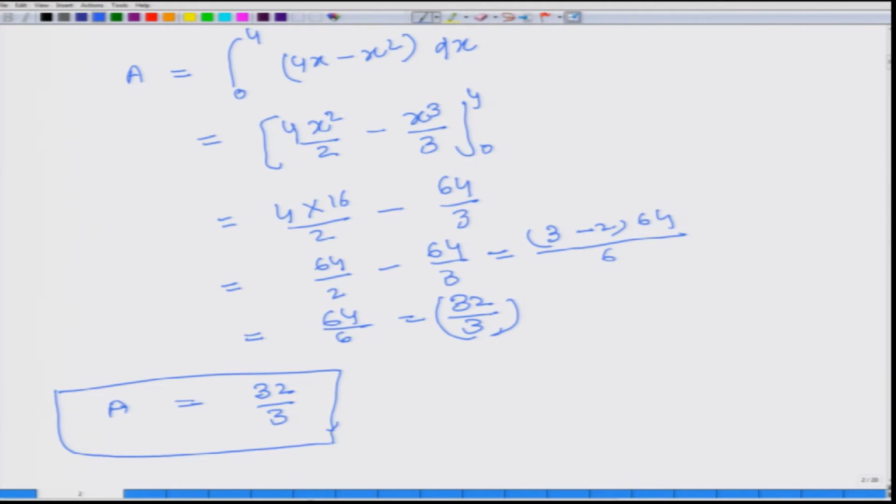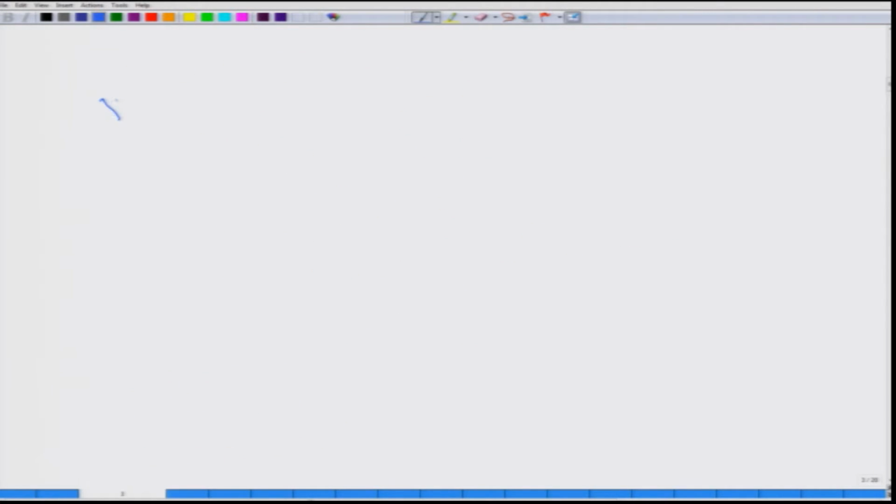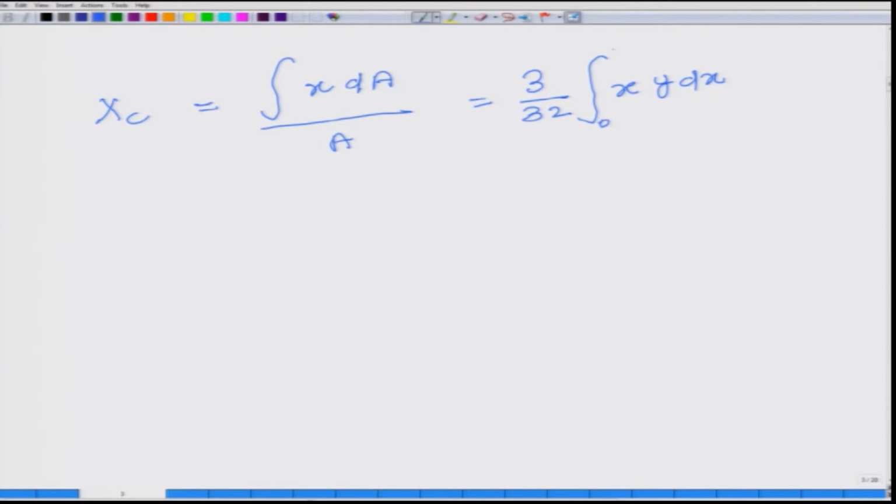Now, we will solve for XC. So, x bar is integral of x dA over A, which is 3 by 32 times the integral from 0 to 4 of x into y dx, because x is varying from 0 to 4.